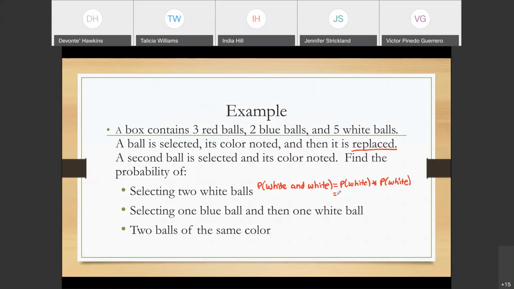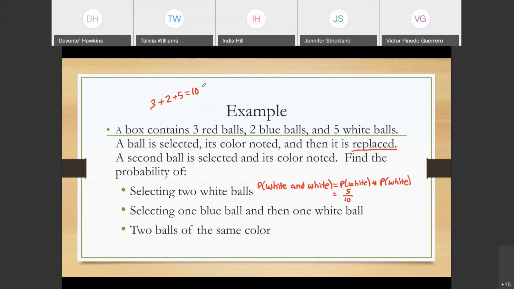It would be over 10, I think, right? Because you have 3 red. Yeah, you're right, my fault. So 5 on the top because there are 5 white balls in the box, and 10 on the bottom because there are 10 balls altogether. So you had 3 red, 2 blue, 5 white. Add those together, we get 10.